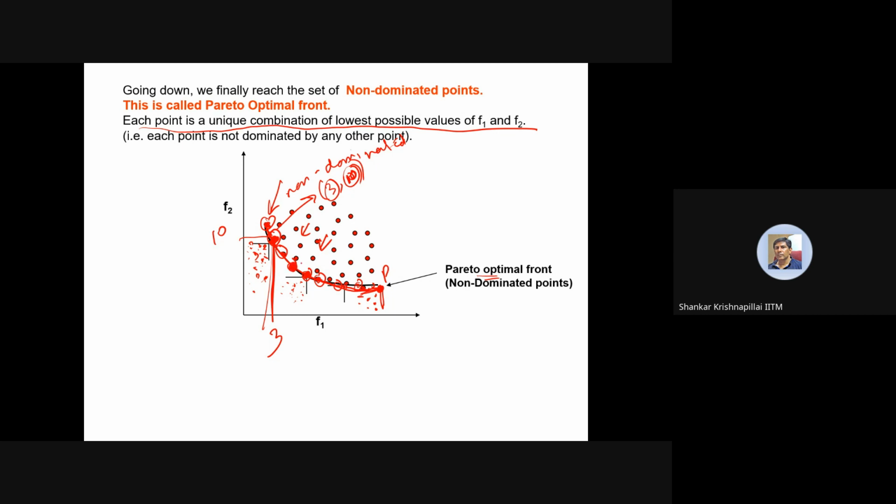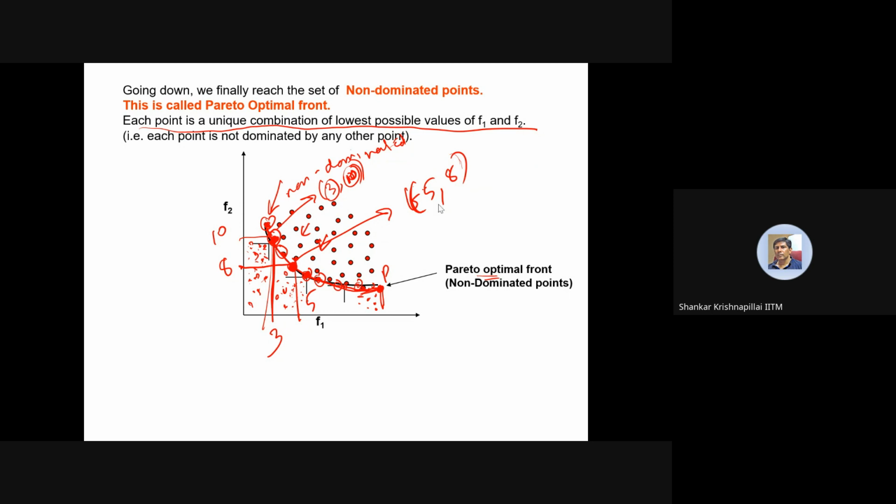Similarly, if you come here, F1 may be 5 and F2 may be 8. You cannot find any point here whose F1 is less than 5 or whose F2 is less than 8. So 5, 8 is a unique combination.